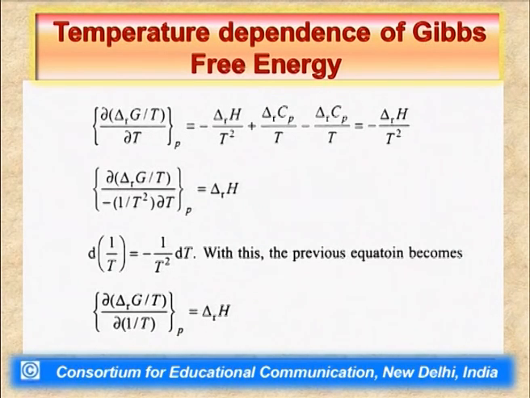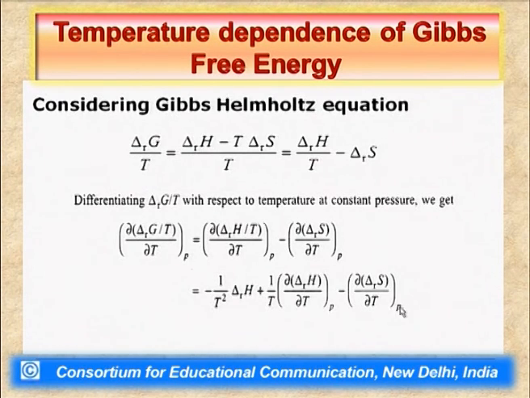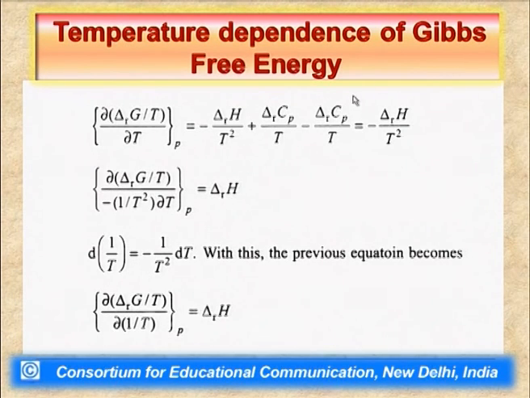Therefore, the second term is delta R Cp by T. Moreover, this last term, del of delta R S by delta T at constant P, is again from the entropy considerations. If you remember, when we had discussed entropy as a function of temperature and pressure, we had coined that this differential coefficient is nothing but delta R Cp by T. So, the two are same, but with different sign.